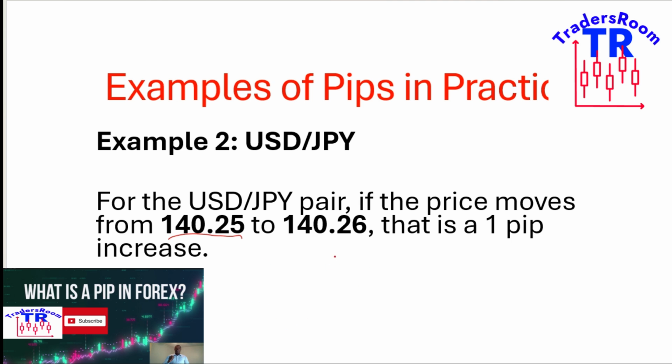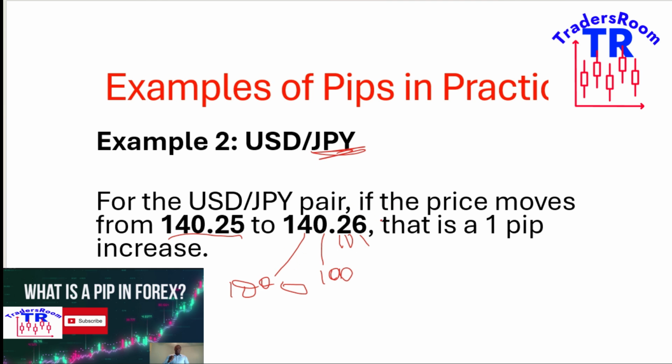So in the area of any pair that has to do with the Japanese yen, this number is the 1. This is the 10. This is the 100. So if we want to go further, which is not common, this is in 1000. So when this number increases, it means that the pips increase in 1000.